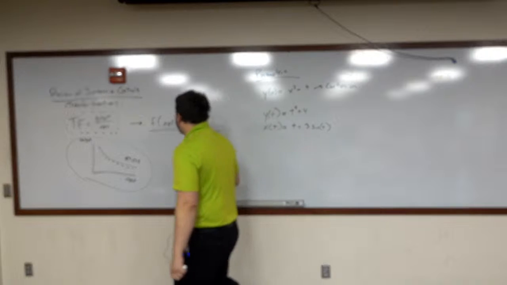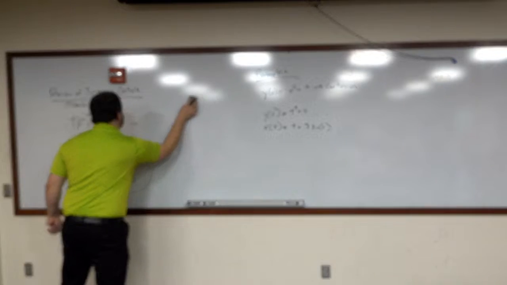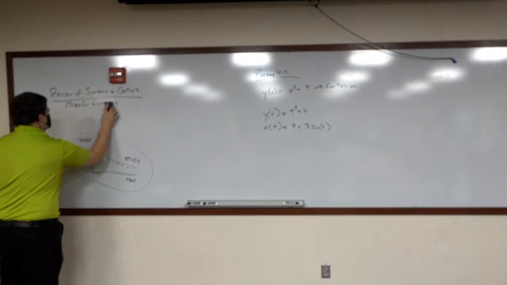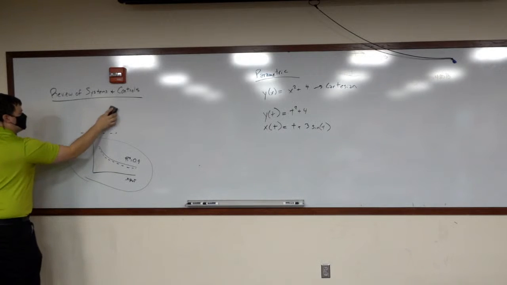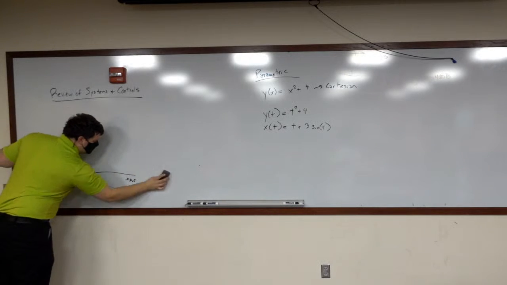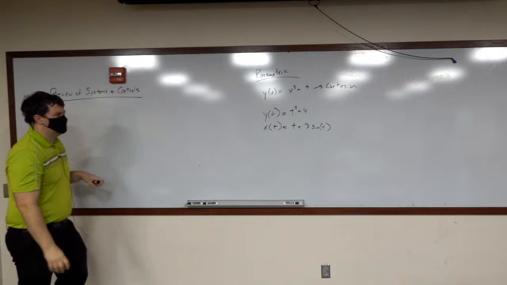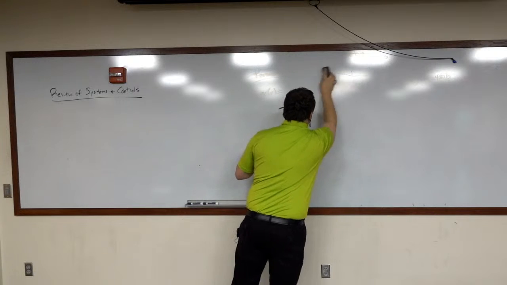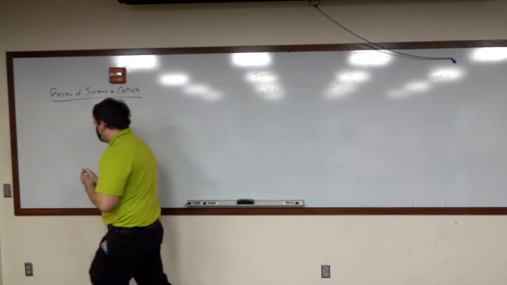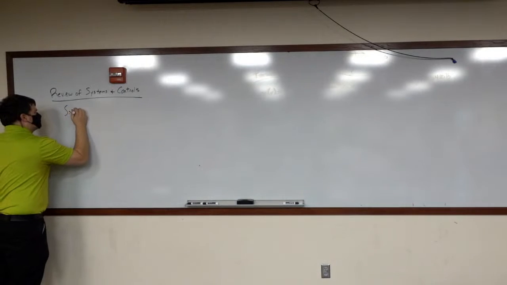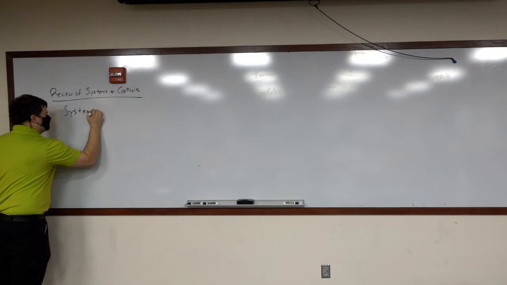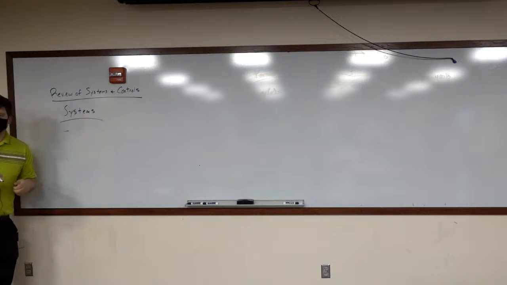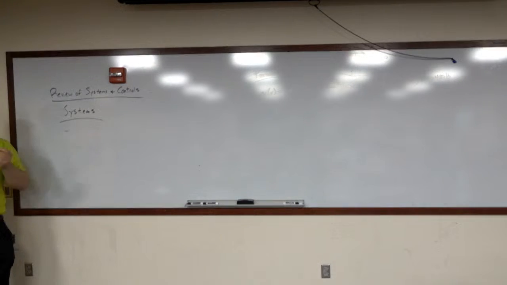So one of the other really important concepts of 350 is not just the transfer function, which, yes, transfer functions are really important, but it's also the concept that we're working with systems. When it comes to working with systems, the piece about systems that makes them so critical is that every component in a system contributes to the overall behavior of the system in some way.